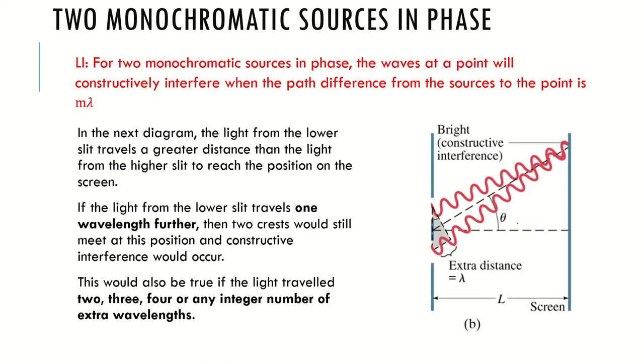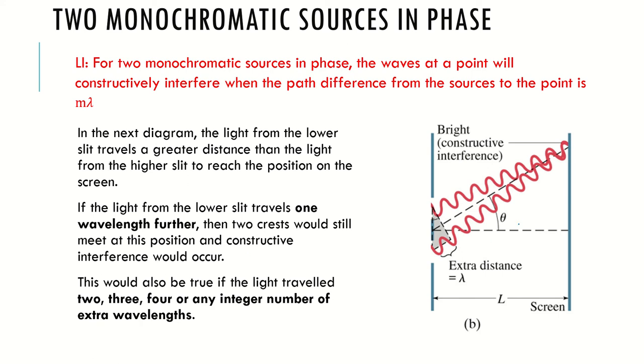In our next example, we have again the two sources of monochromatic light. However, now this bottom one is traveling a longer distance, okay? In order for constructive interference to occur, it needs to travel one full wavelength extra, and if it does, then the two crests are still going to meet and result in constructive interference, or high amplitude, which is going to result in a bright light.